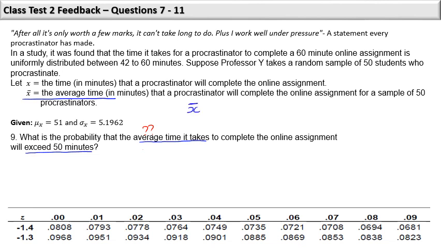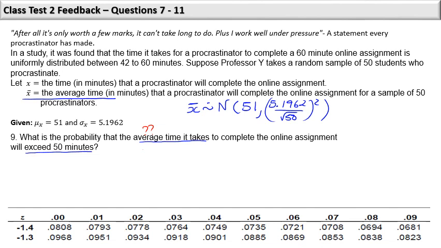We said x bar follows approximately a normal distribution with mean 51 and variance (5.1962 over root 50) squared, because this is the standard error. Now, because we have that distribution, we can calculate the probability very easily.